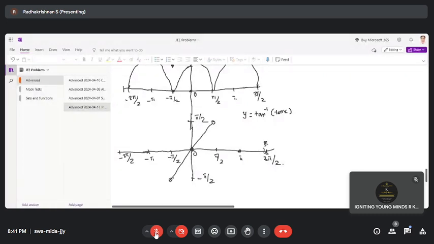Similarly, for 3 pi by 2, tan of 3 pi by 2 is infinity. So its tan inverse, if we look at it, will not be 3 pi by 2, it will become pi by 2 only. So it is going to be like this. Same for minus pi by 2 also.